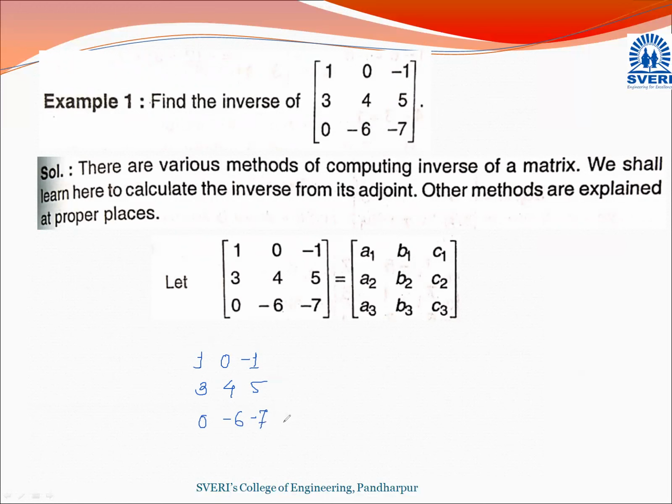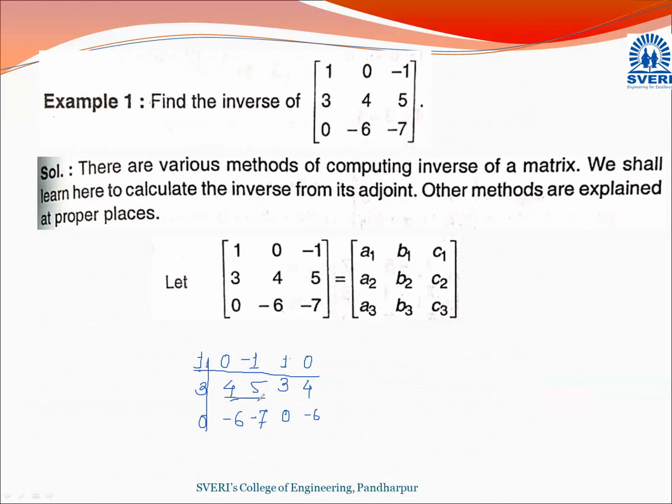Okay. Once again, we have to write that first two columns after this. So it will be 1, 3, 0, 0, 4, minus 6. Then we have to neglect first row and first column.